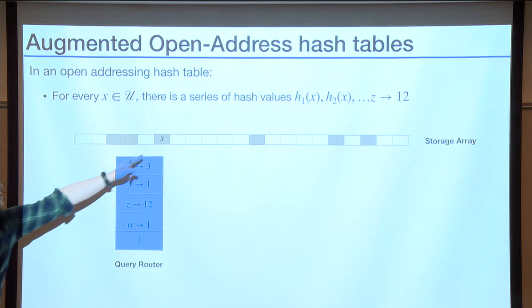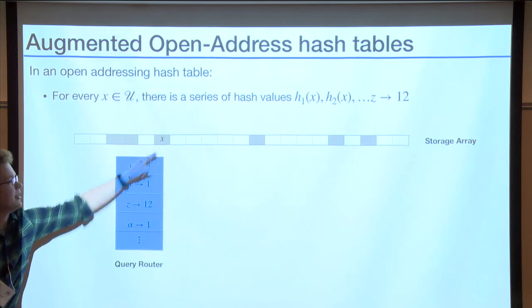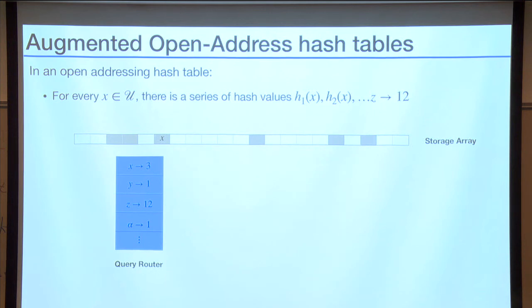So here, x is mapped to 3 because it's stored in h3 of x. So now when a membership query for x is received, you look up x in your query router, you find 3, and then you go to h3 of x in your storage array to find that x is there. And so this is why membership queries are deterministically constant time.